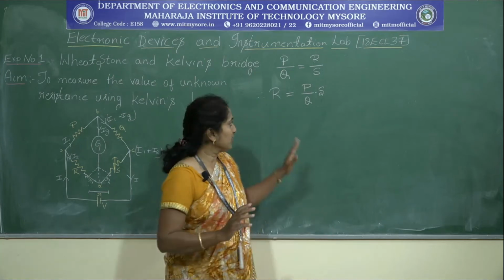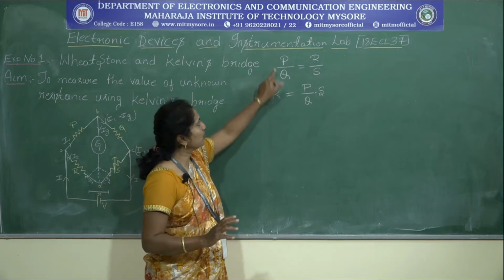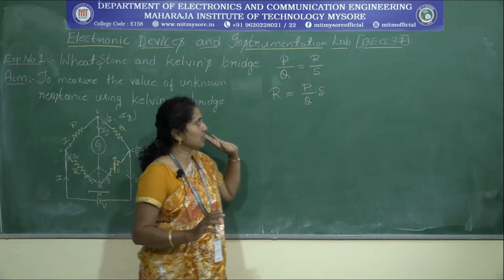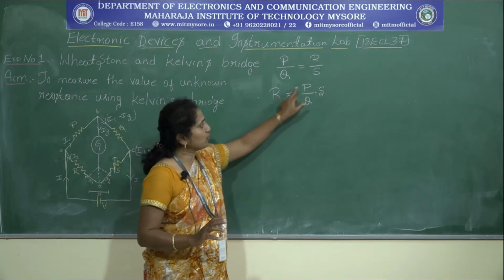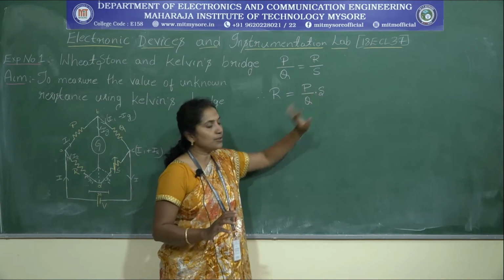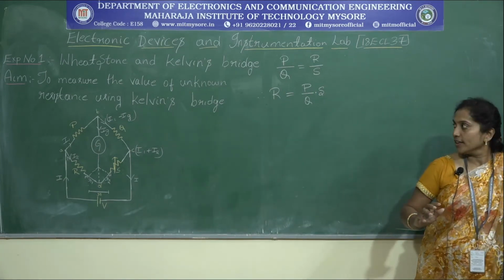Now you know that in the last Wheatstone bridge I explained P by Q is equal to R by S. Now you can find R is equal to P by Q into S. Now what are you going to do?